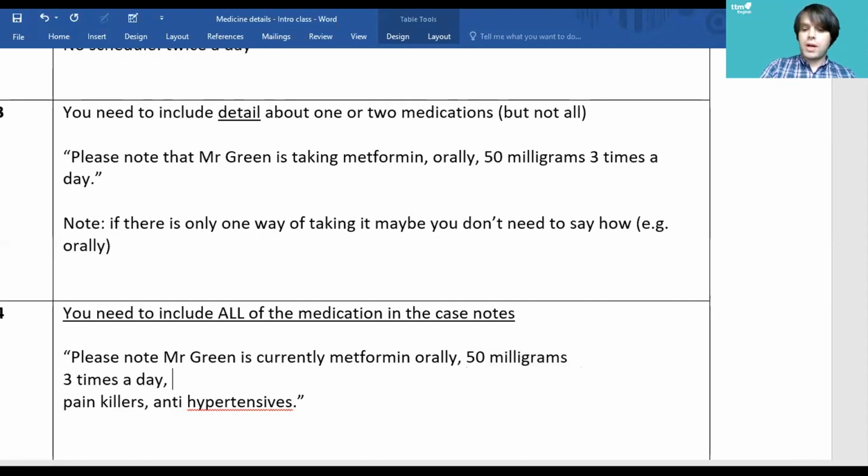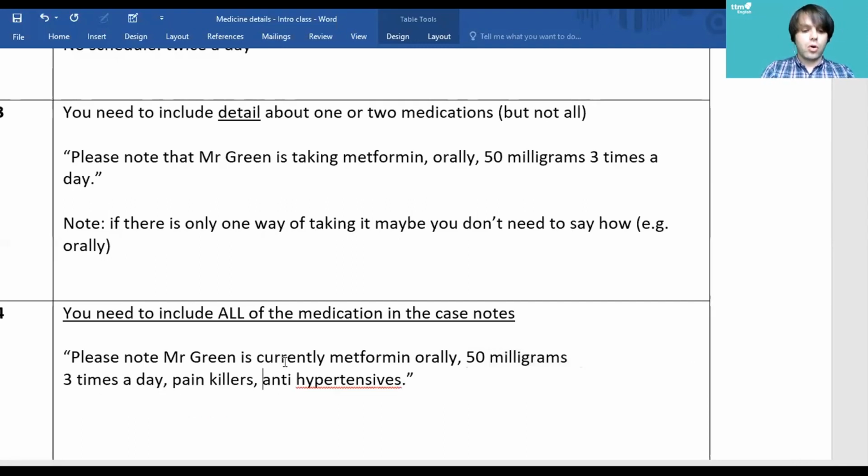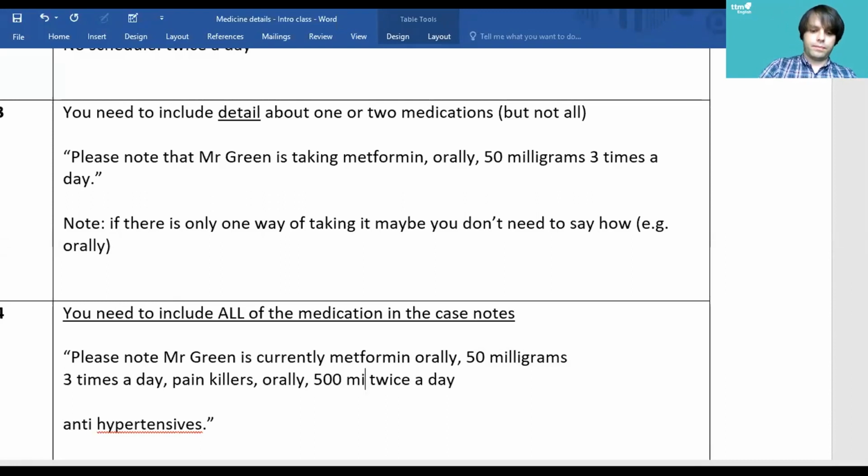Okay, comma, painkillers orally. How often do we take painkillers every day? Twice a day. Okay, we'll do twice a day. What's the dosage? 500 milligrams. 1 or 2 tablets.